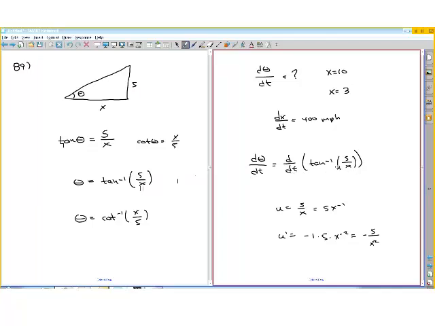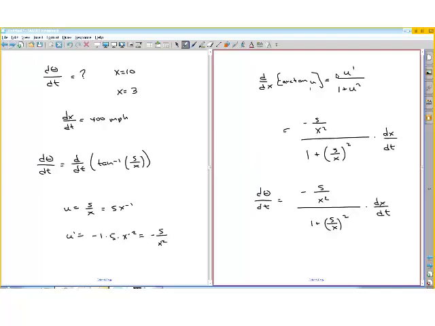So when you do that, you do the normal derivative process where this is u and u prime is the derivative of that, which is negative 5 over x squared. So when you take the derivative of the inverse tangent, you use this expression. But we add the dx dt on the end because it's implicit. We plug in u prime here, we plug in u here.